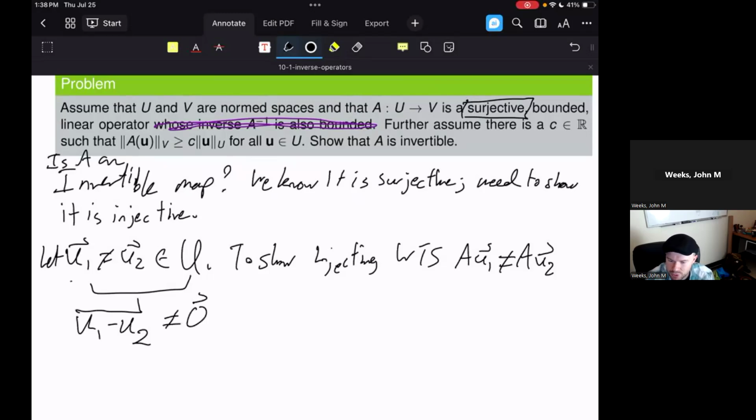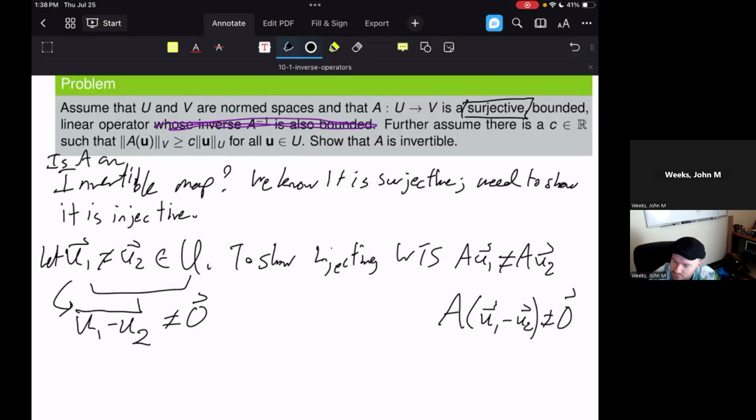This is coming from subtracting U2 from both sides. Well, if this is true, I want to figure out something about what I have over here. Maybe I would like to try and see if A of U1 minus U2 is also not equal to the zero vector.